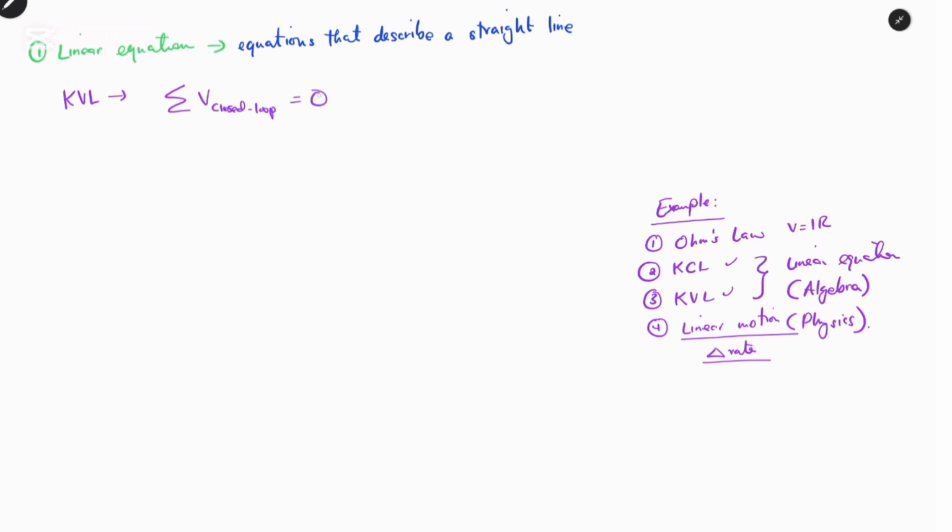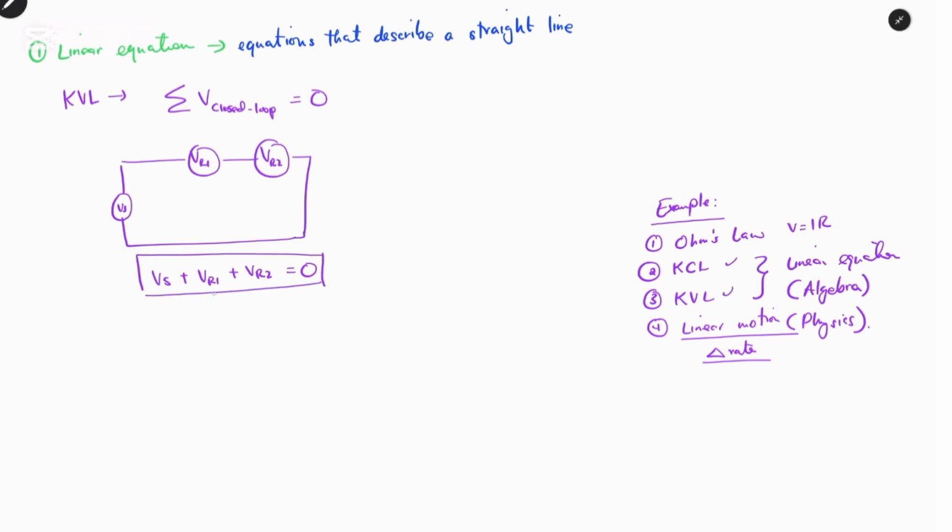That means if we have a voltage source, voltage R1 and voltage R2, the voltage source plus the voltage R1 plus the voltage R2 must be equal to 0.